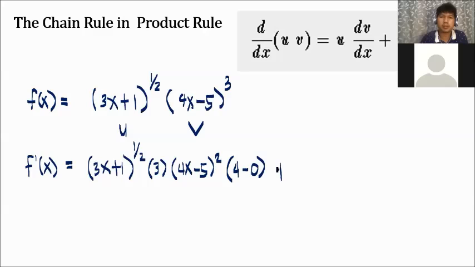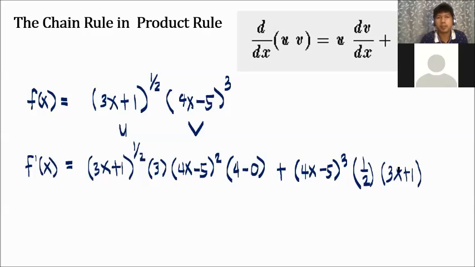Then plus, copy v, 4x minus 5 raised to 3. Then derivative of u. So the exponent is 1 half, so we get here 1 half. Then 3x plus 1. Because this is 1 half, then we subtract 1.